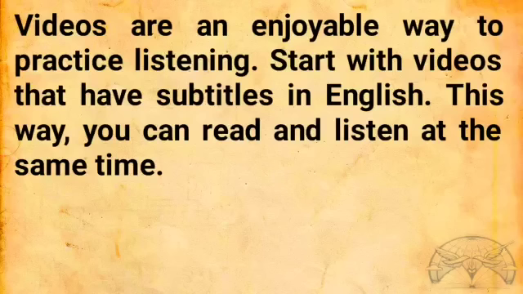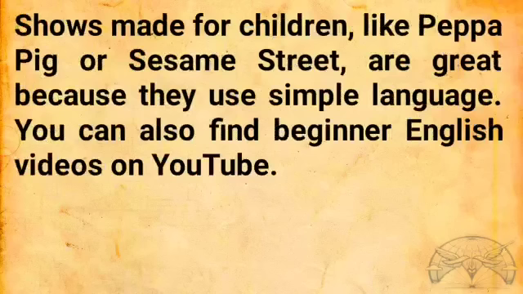Videos are an enjoyable way to practice listening. Start with videos that have subtitles in English. This way you can read and listen at the same time. Shows made for children like Peppa Pig or Sesame Street are great because they use simple language. You can also find beginner English videos on YouTube.